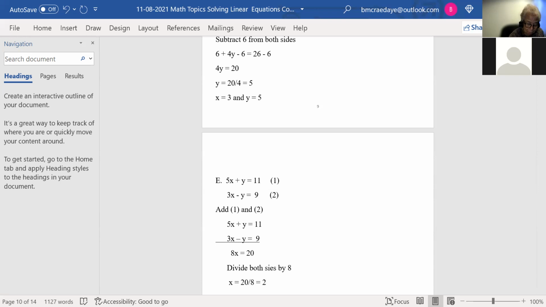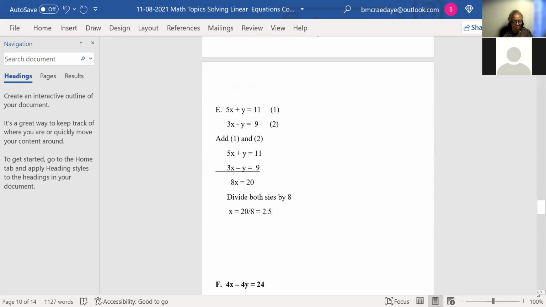Now, how would we solve for y? We've got to use one of our equations here. Which one do we use first? We can use 3x minus y equals 9, equation 2. Okay, you want to use 2?